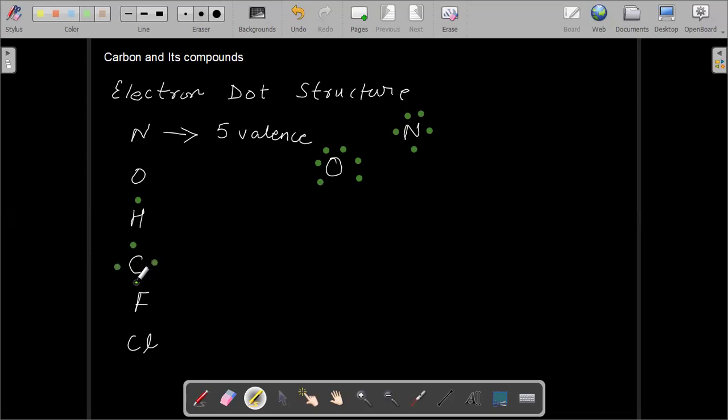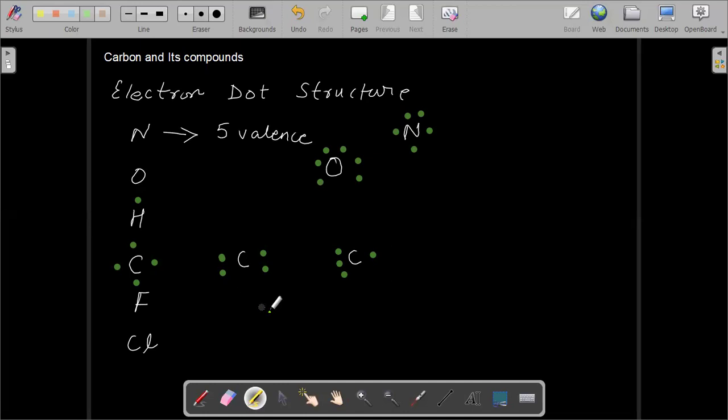So it can be either like this, carbon with 2 electrons here and 2 electrons here, or carbon with 3 electrons on one side and 1 electron on the other side. We generally do not represent with 4 electrons on one side.